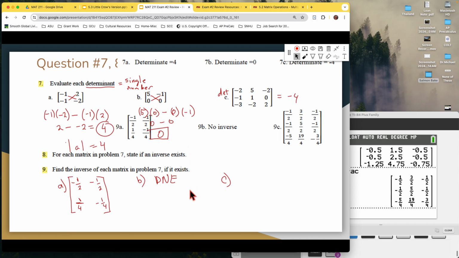Okay, so that's good. But we can find the inverse also if you just plug it in and try to find the inverse. It'll tell you if there's no inverse, it'll give you that error message. Otherwise, it will give you the inverse. And that's all we need to do so far with that part.